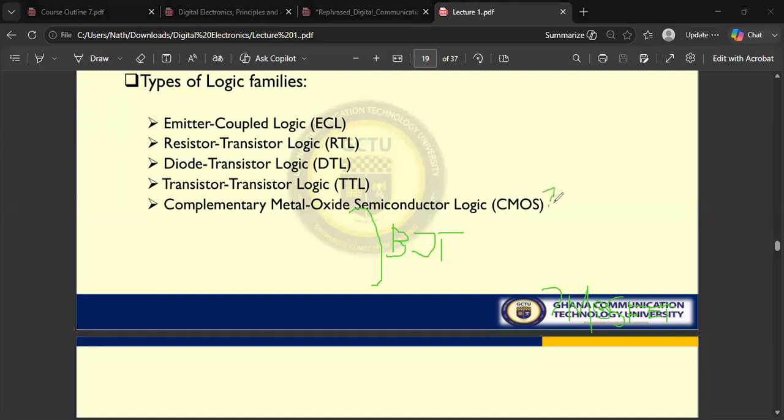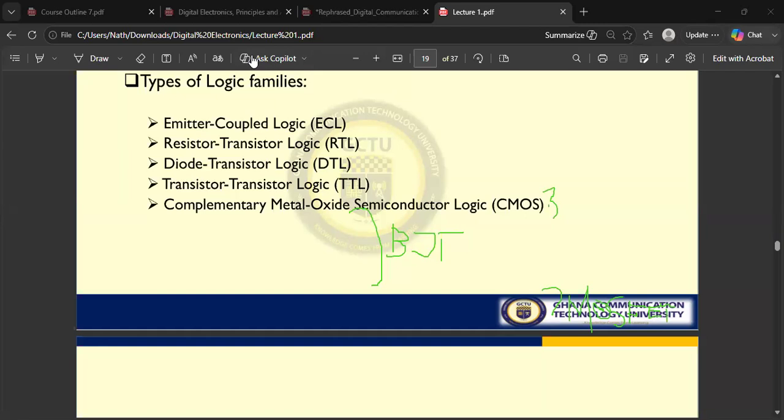So CMOS deal with voltage control transistors, which are used to amplify or switch electrical signals.